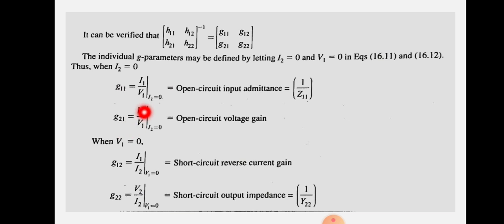And G21 is the ratio of voltage to voltage, so it is the voltage gain. So we can call it open circuit voltage gain, and G11 the open circuit admittance. Open circuit admittance is equal to 1 by Z11, the inverse of impedance. So G11 equals 1 by Z11.